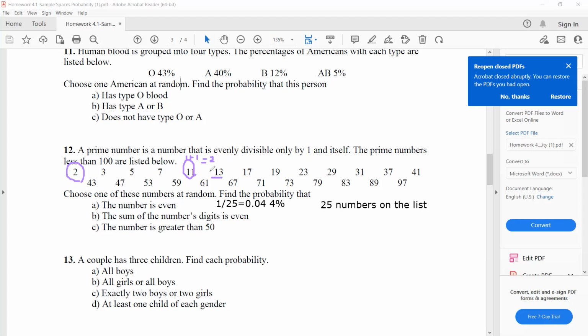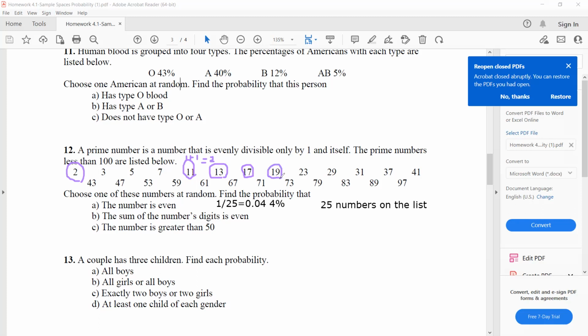Okay, this sum is even. You see that? Mm-hmm. What is the sum of these digits? 8. And that's even, so that would count. How about here? 10. So we count it.